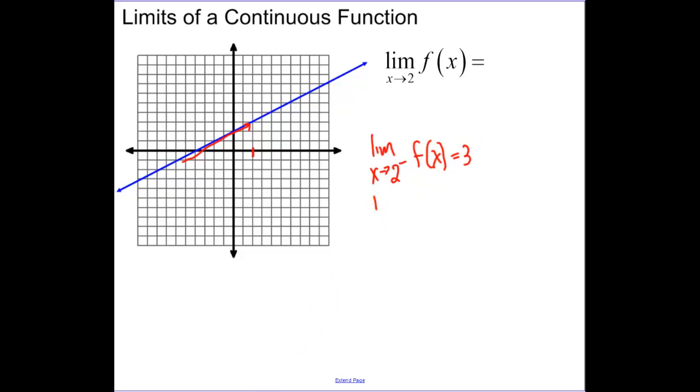Now our limit as x approaches 2 from numbers a little bit more of our function, so from numbers a little bit more, we go towards 2. That value is also 3. So since those values are the same thing, we can say our limit equals 3. So a limit of a continuous function ends up being that function value. That's not always going to be the case.